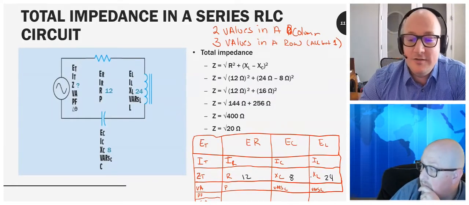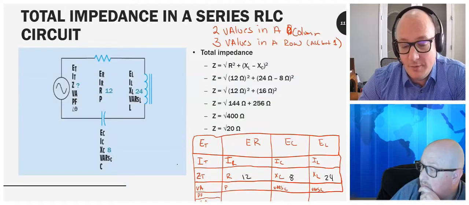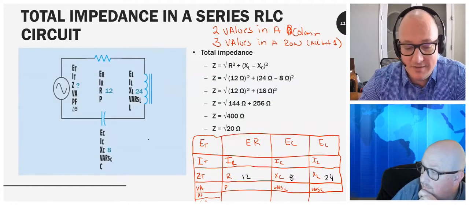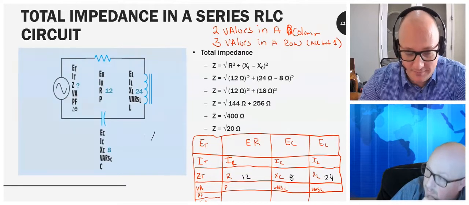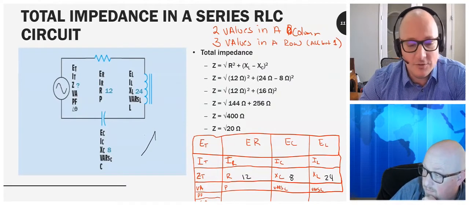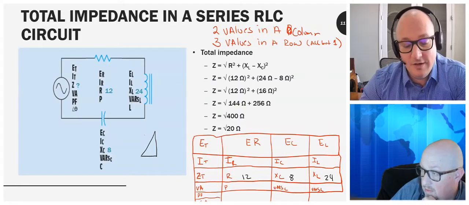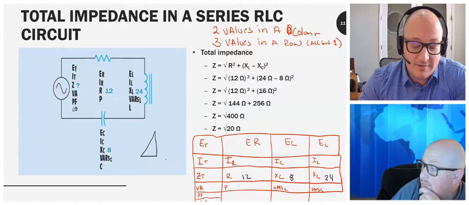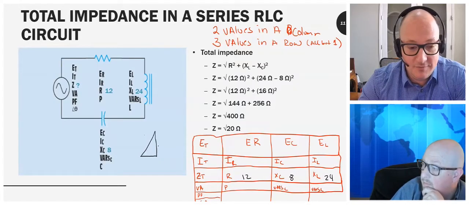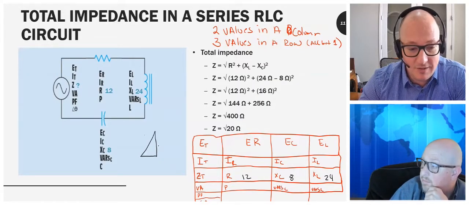One other rule to remember or write down that makes it easy: all of those totals, Z, VA, total current, total voltage, are the hypotenuse. The legs are the resistive and reactive components that form that right triangle.